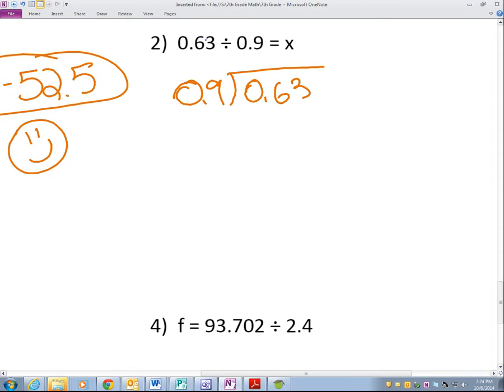Now, I want you to work on this one. If you get stuck, glance up at what I'm doing. But if you want to challenge yourself to see if you can get this, don't look up here.